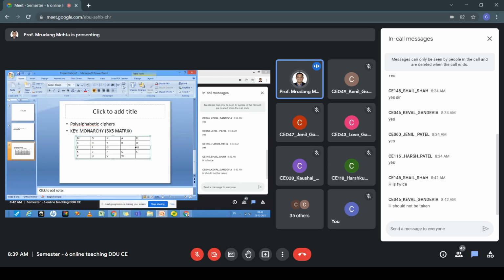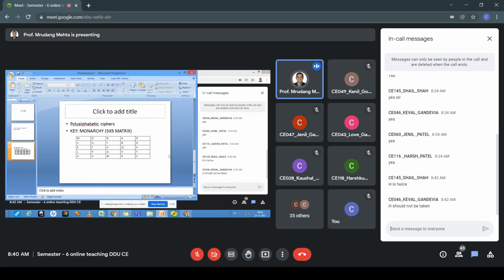So these characters will shift here. W, X, Y is there. So Z. Okay. So this is our key.